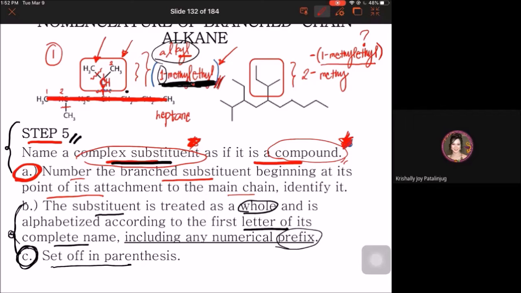From this parent, this is carbon 1, 2, then carbon 3. Which carbon is it? 4. Okay, very good. Carbon 4.